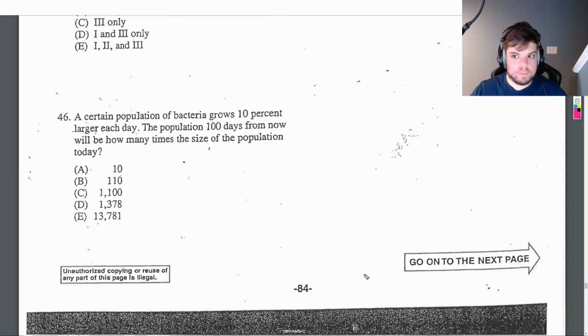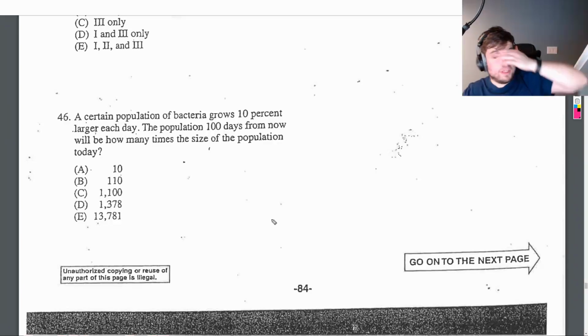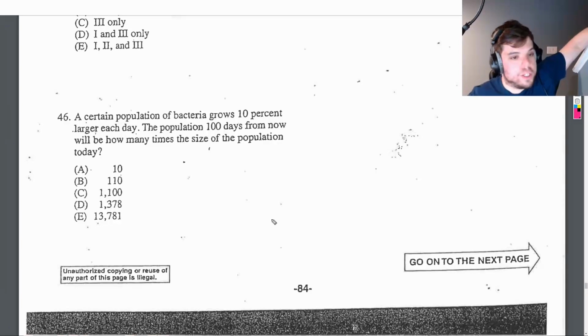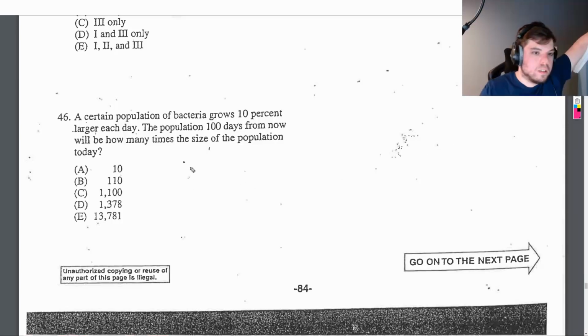46. A certain population of bacteria grows 10% larger each day. The population 100 days from now will be how many times the size of the population today? So we have a certain population of bacteria, and it grows by 10% per day.